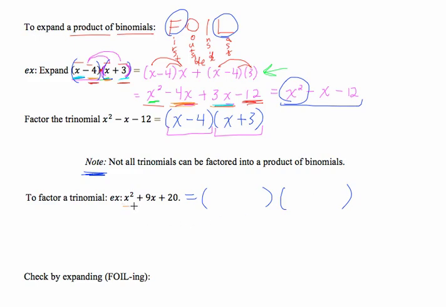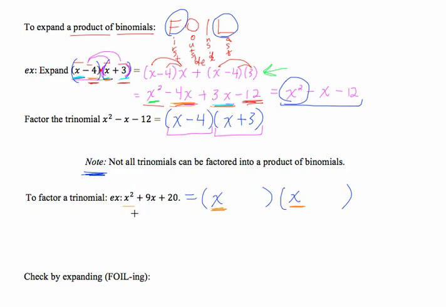That means the two terms that go here and here need to multiply together to give us x squared. Well, x squared only breaks down one way, into x times x. So let's try putting an x here and an x here. So far that works, because if we were to FOIL this, the first term would be x times x, or x squared, and that's what we have over here.